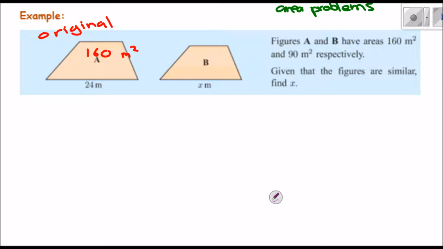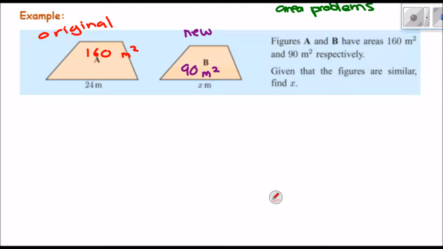Whereas this one is the new shape, and it has an area of 90 metres squared. Given that the figures are similar, we need to find x. So as I said, we need to work out what the scale factor is. What shapes are these, by the way, out of interest? Do you remember what kind of shapes these are? It starts with T. It's right there, the trapezoid.